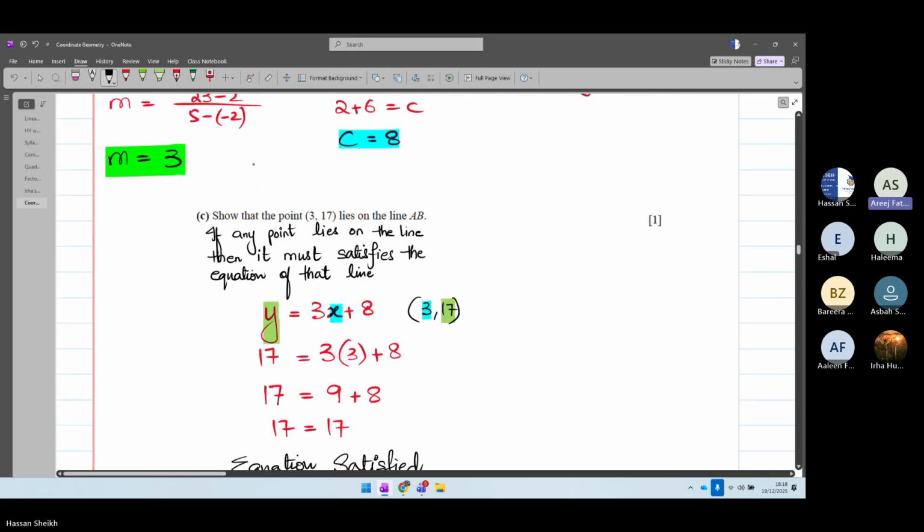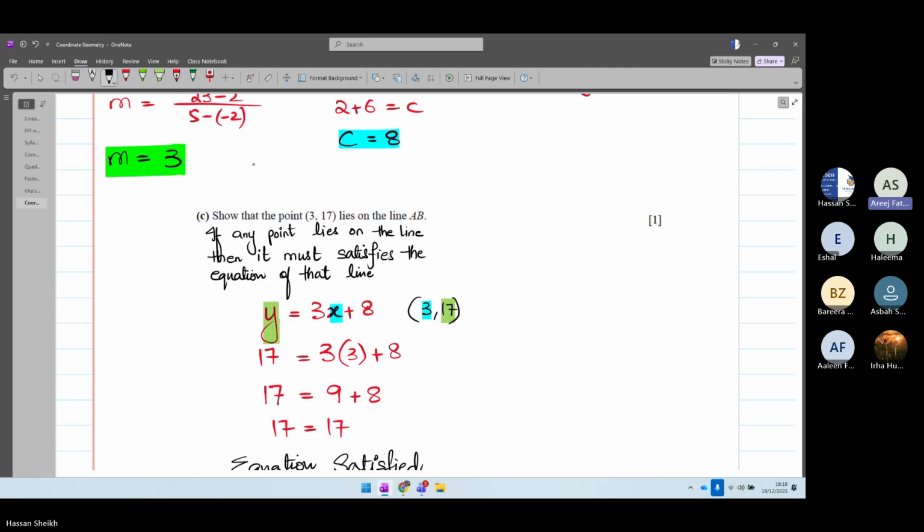If any point lies on the line, then it must satisfy the equation of that line. So the equation is what? Is that y equals 3x plus 8? And the point is what? 3 comma 17. Just substitute. If the two sides are equal, it means the point satisfies the equation, that the right hand side of the equation must be equal to the left hand side.